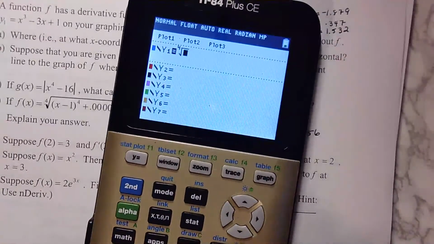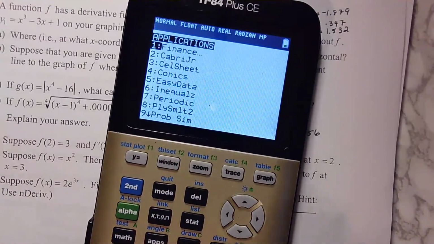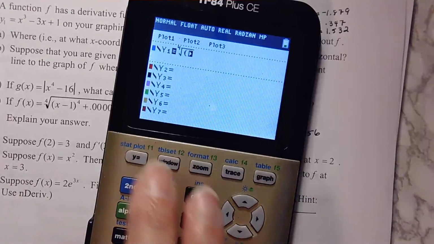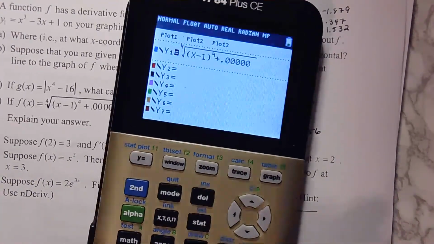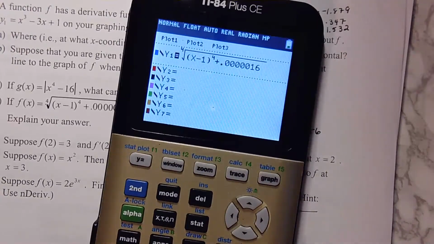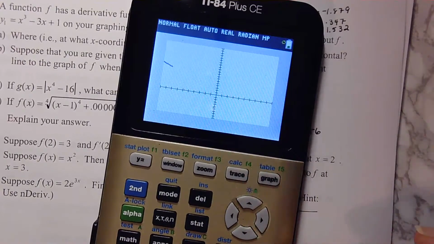And then we have x minus 1 quantity to the fourth, and plus 0.1234516, 5 zeros and a 16. And I'm going to graph this.